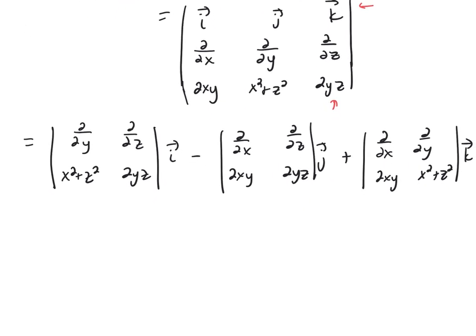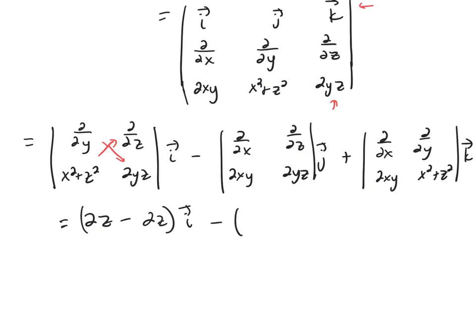So then, remember how we compute this, you subtract diagonal minus the other direction. So you're going to take the partial with respect to y of 2yz, which will be 2z, minus the partial with respect to z of x squared plus z squared, 2z.